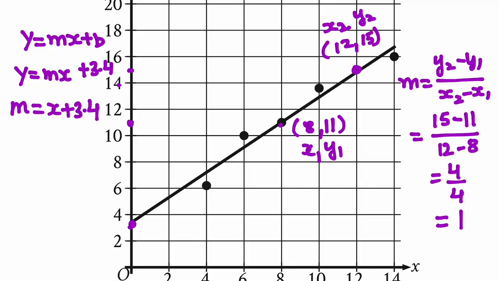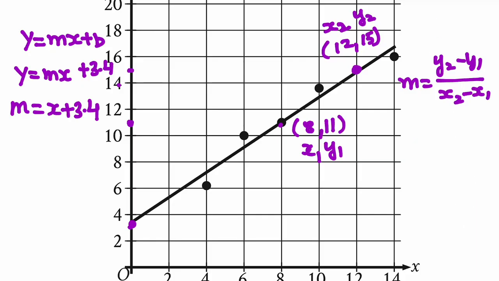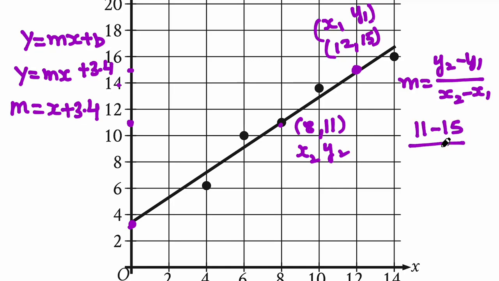But a question is, what if I just change the x1 y1 position? Instead of this as x1 and y1, I am taking this as x2 y2, and instead of this I am taking it as x1 and y1. Let's see if any change happens. So y2 minus y1 is 11 minus 15 over x2 minus x1 is 8 minus 12.